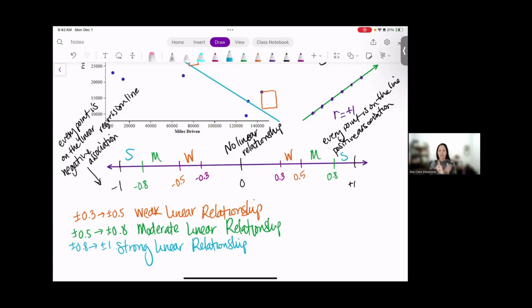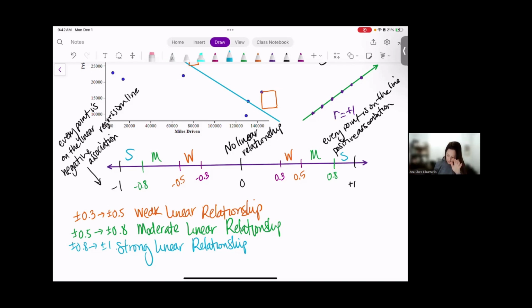And it does not matter if you switch the X and the Y variables, the relationship is still the same. The R does not change when you change the explanatory and the response. There's no unit of measurement. It is standardized, and there's no distinction between the explanatory and the response. So those are some key features about R.